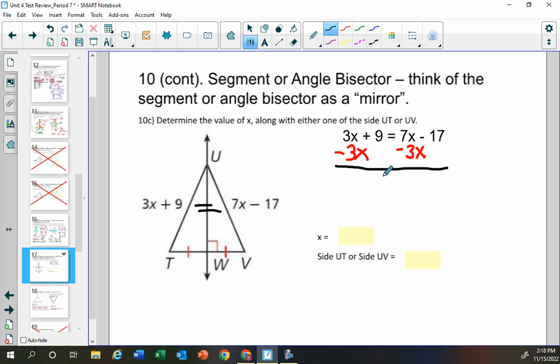Let's find out. So 9 equals 4x minus 17. But now what do we have to do? What's our next step? You add 9 and 17. 9 plus 17, you have to add them.